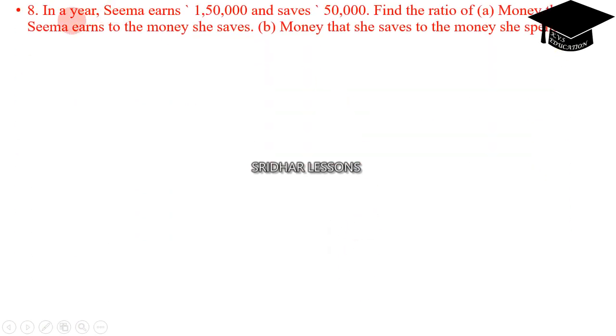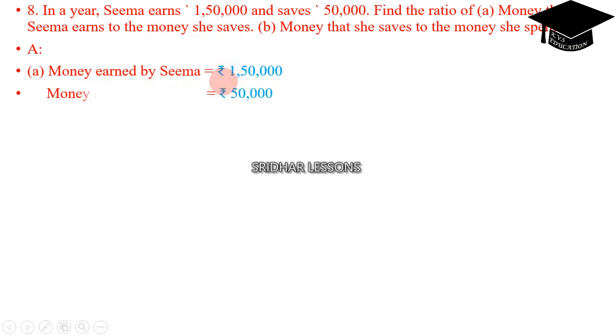Question number 8. In a year, Seema earns rupees 1,50,000 and saves 50,000 rupees. Find the ratio of A, money that Seema earns to money she saves. We will solve question A. Money earned by Seema is equal to 1,50,000 rupees.